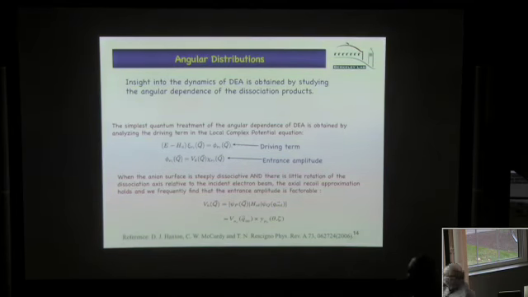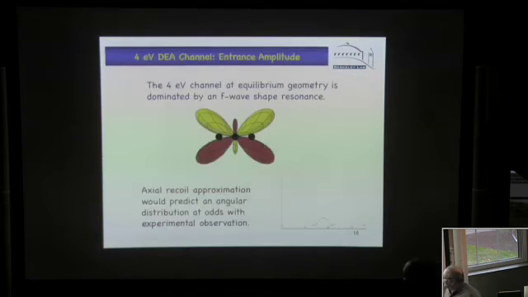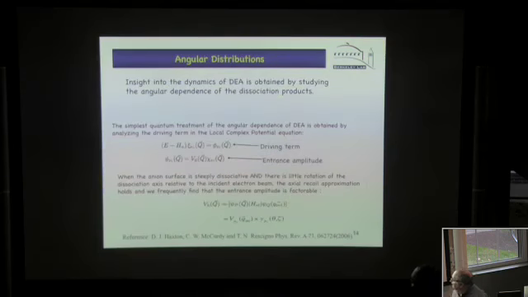Now, under certain conditions, if the resonance is steeply dissociative and axial recoil applies, which you all understand as a result of having listened to Bob Lucchese earlier, under those conditions this driving term factors into a term that only depends on the internal coordinates of the negative ion and an angular term which tells you the angular distribution in the laboratory frame.